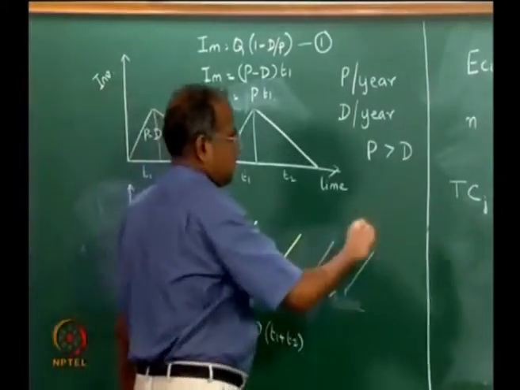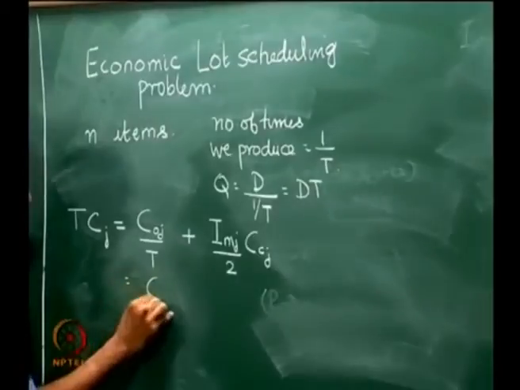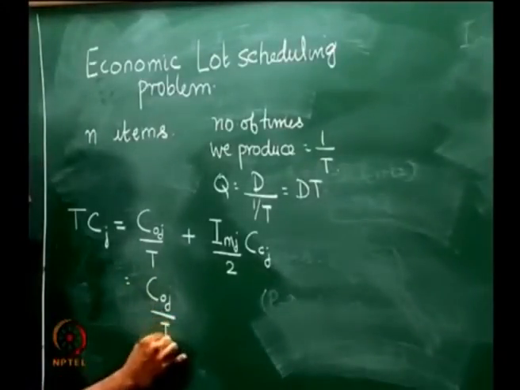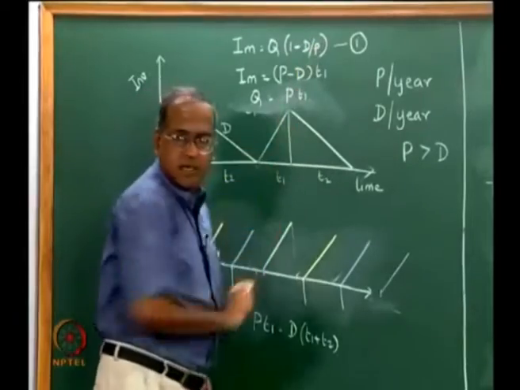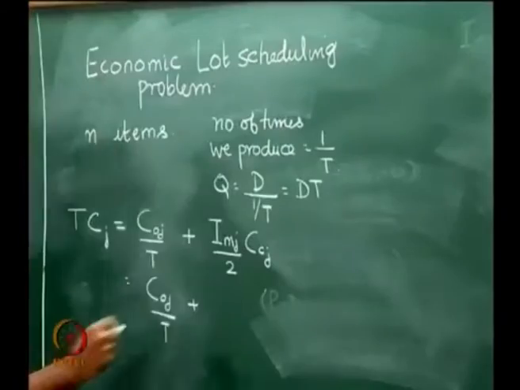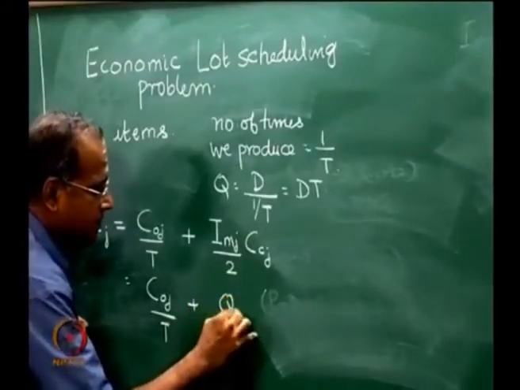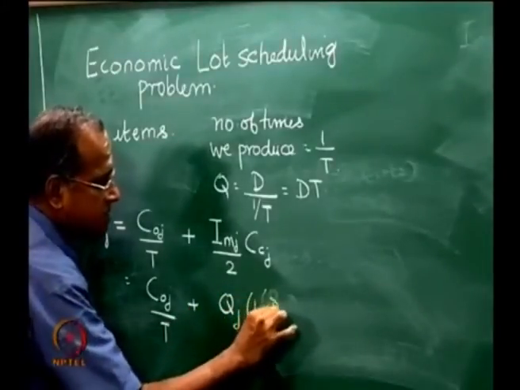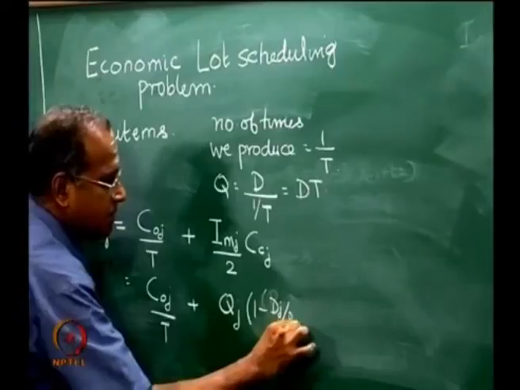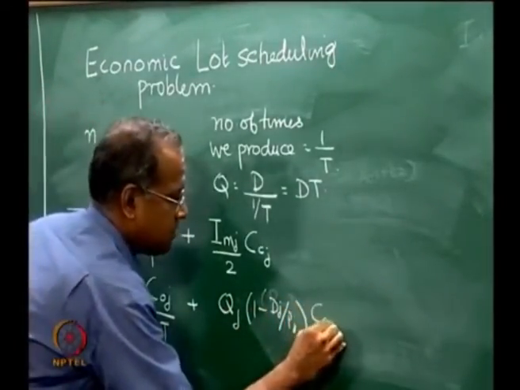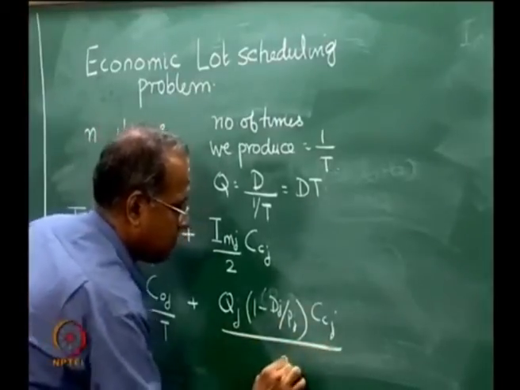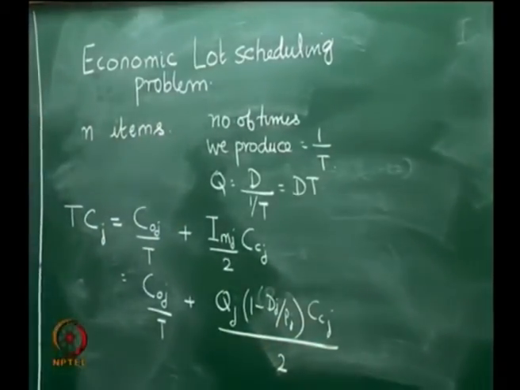So, from here we know that this is C naught j by T plus Im is equal to Q into 1 minus D by P. So, Q j into 1 minus d j by P j into CC j divided by 2.